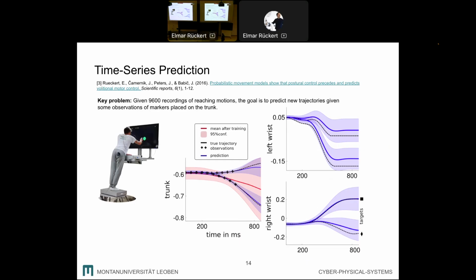And that's illustrated here by the lines of the left wrist and the right wrist, because the subjects were standing in front of a large screen, you see it on the left, and they had to touch one of these dots with the right hand. With the left hand, they had to make a supportive contact. Well, actually, they would fall over without that because the screen was very far away. And actually, we really adjusted everything to the subject height.